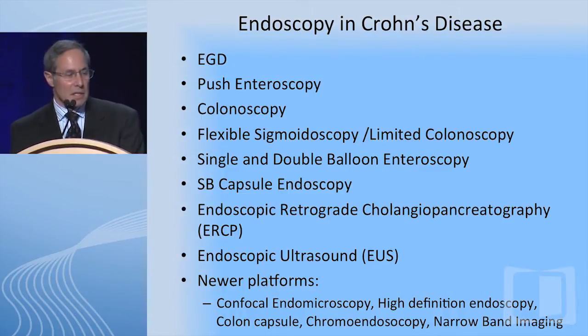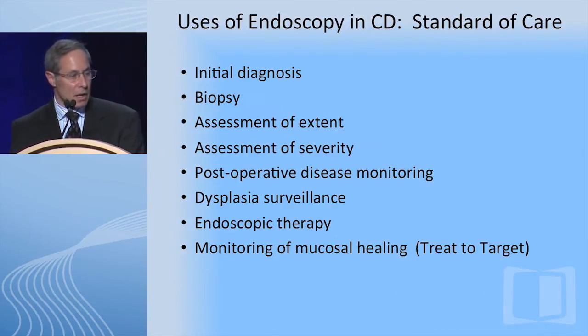Endoscopy in Crohn's disease includes esophagogastroduodenoscopy, push enteroscopy, colonoscopy, flex-sig or limited colonoscopy when a limited exam is sufficient, single and double balloon enteroscopy, small bowel capsule endoscopy, ERCP, occasionally EUS, and some newer platforms as well.